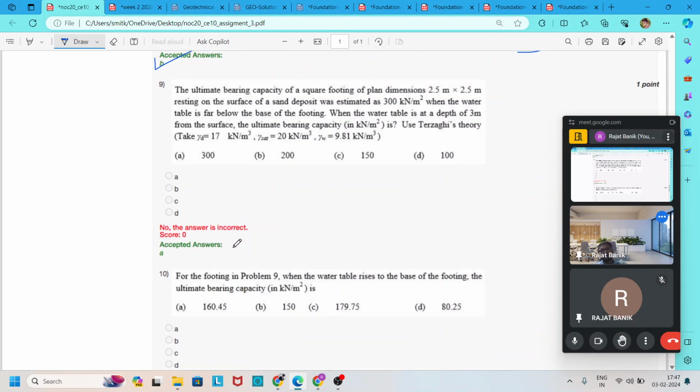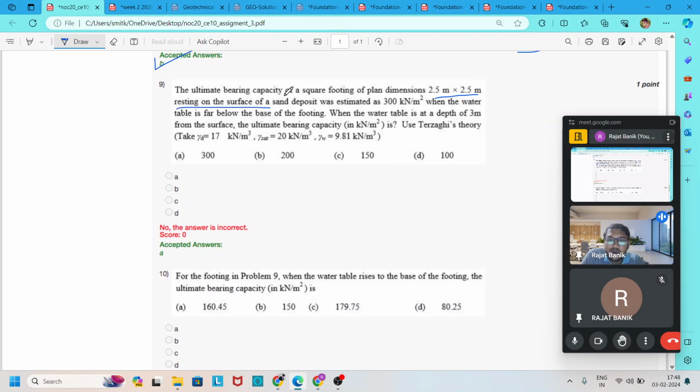Now we try to solve question number 9. In question number 9, it is said that the ultimate bearing capacity of a square footing of plan dimension 2.5 meter by 2.5 meter resting on the surface.